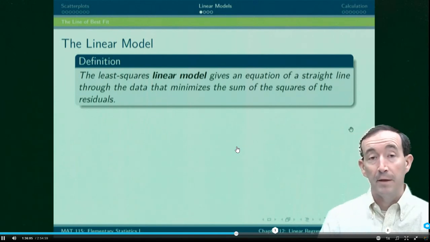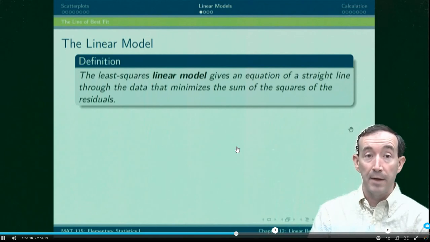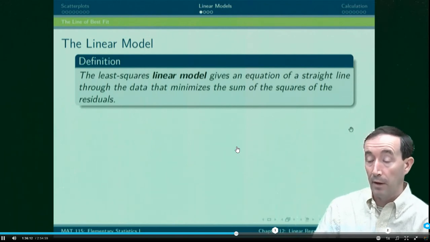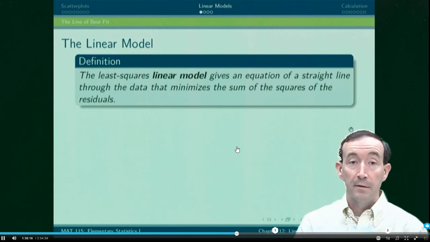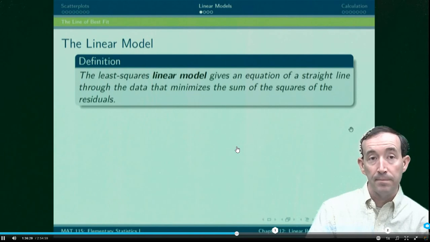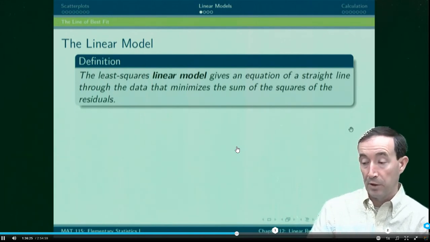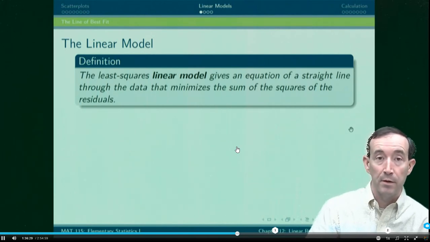It's not hard to find that in many cases. That allows us to find the best slope and the best y-intercept. The result, as a line, is a model for our xy pairs in the scatter plot, and that is what is called the least squares regression line. It is the best fit that minimizes the sum of the squares of the residuals.